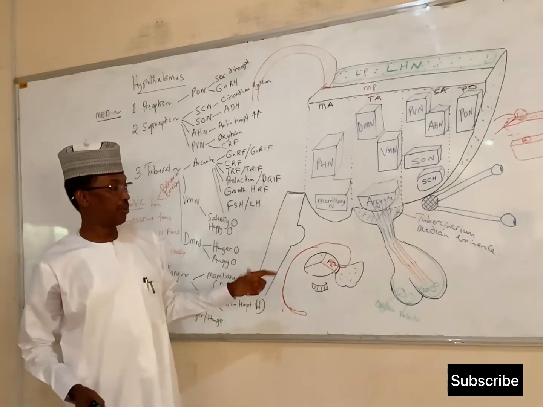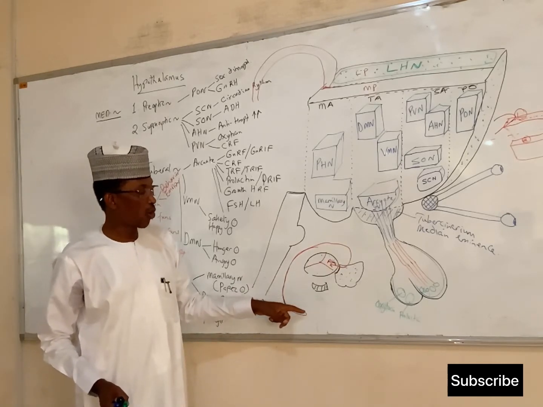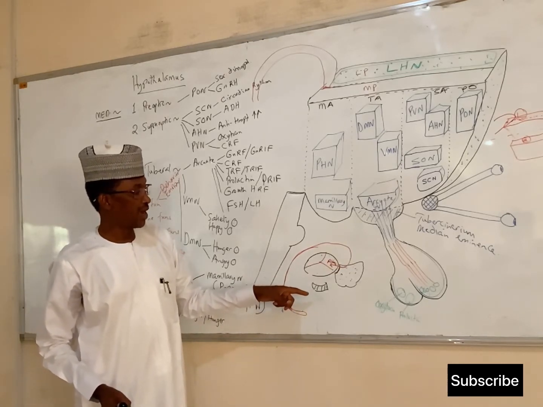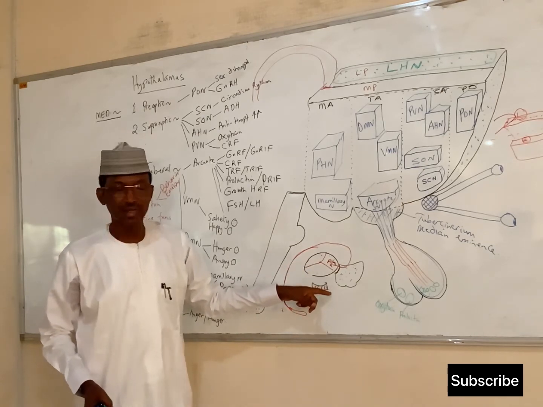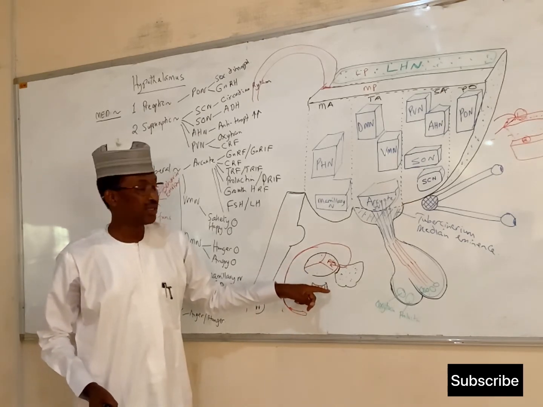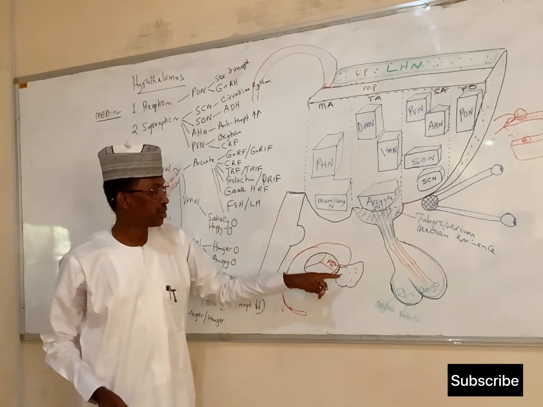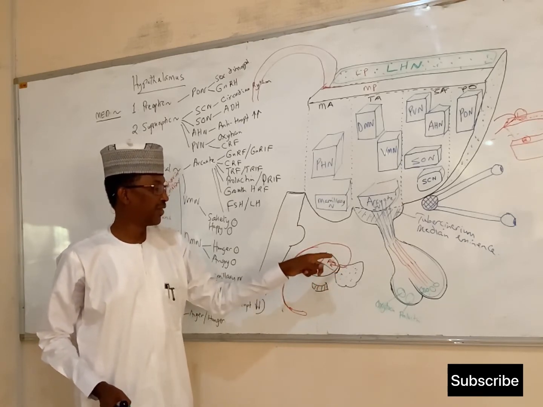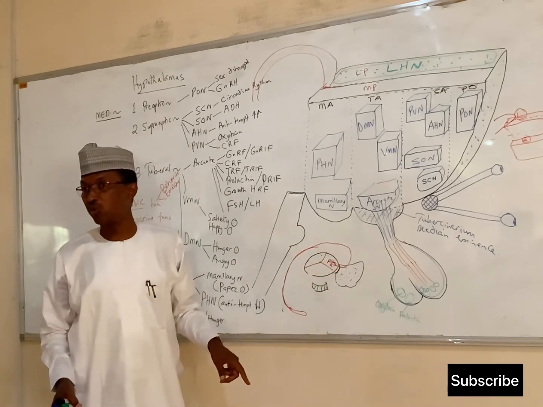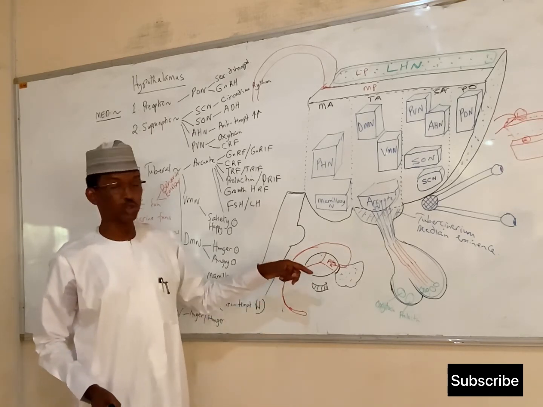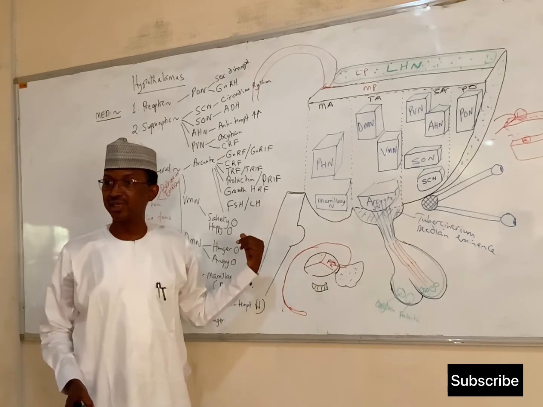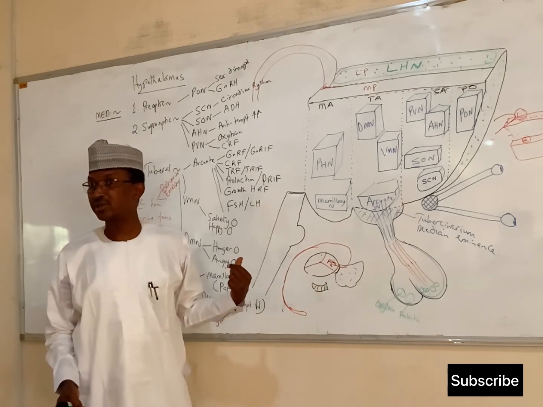And if you can remember, we talked about how fibers from the mammillary body now pass upward and forward, and then enter into the anterior thalamic nucleus. Are you clear? That is what we discussed yesterday with regard to the Papez circuit.